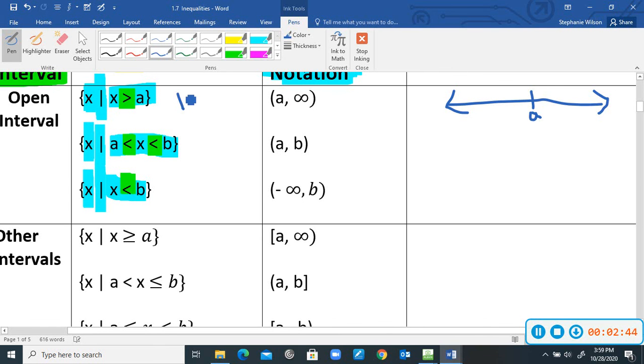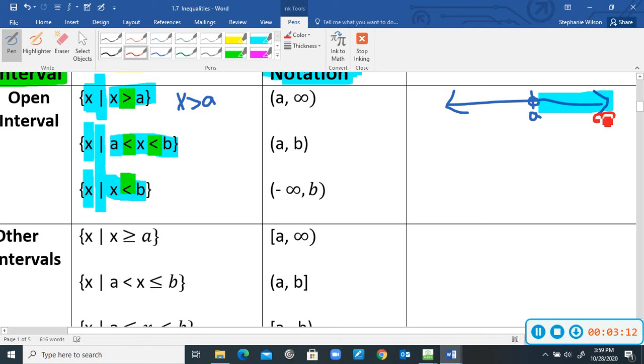It said that x is greater than a. Well, if that is true, then that means that the point on a is an open circle because it's an open interval. Okay, there's no equal to sign. And it said x is greater than a. So that means we're going to go off to the right. How do I know that? Because the values to the right are all positive infinities, right?